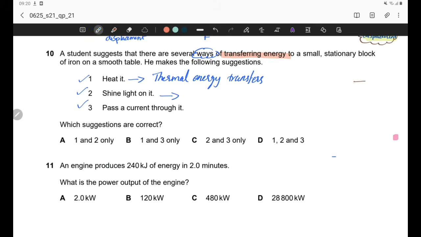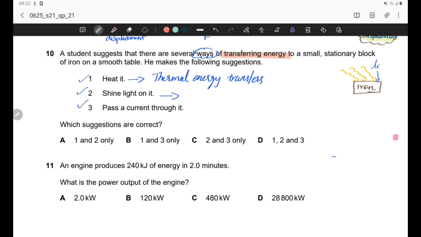Let it be the iron block, and we are shining the light on it. So the light will fall on the iron block. When the light falls on the iron block, the energy in the light will transfer to the iron block. So we should know that light is a form of energy.